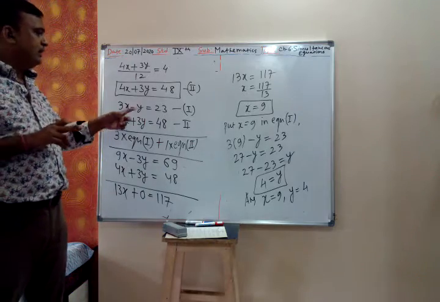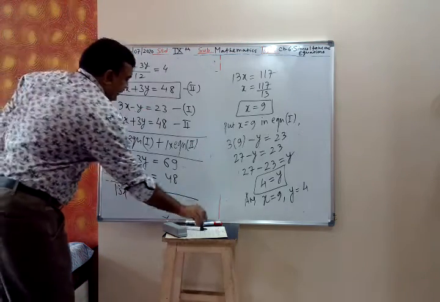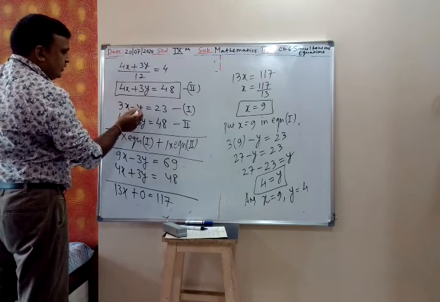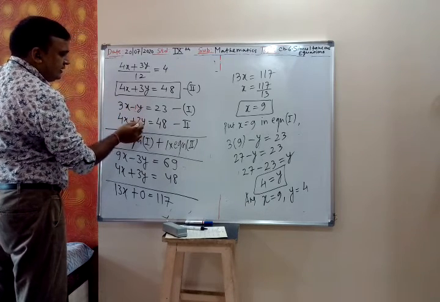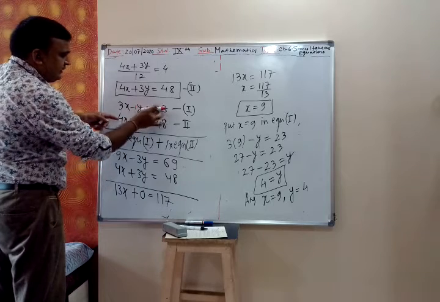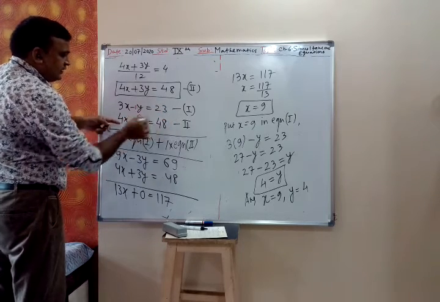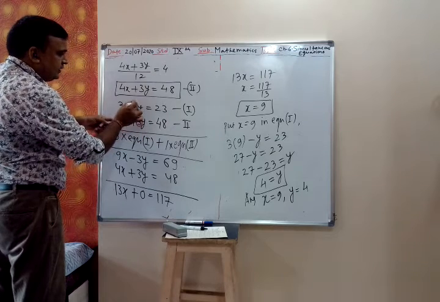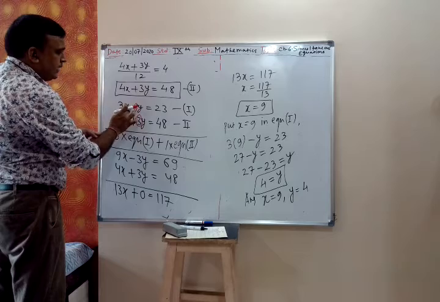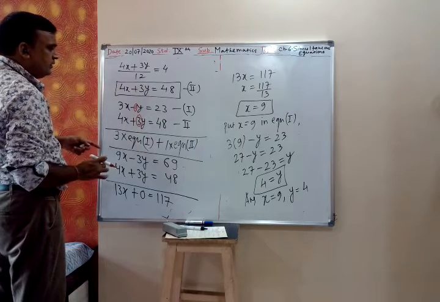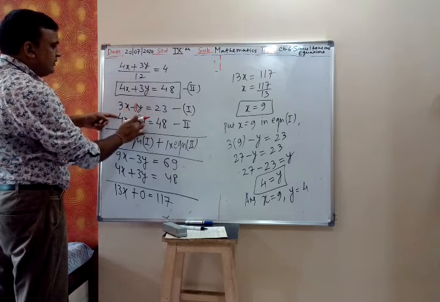No, we are not multiplying equation 1 and 2. We are making the coefficient of y equal in this. What is the coefficient of y here? 1. What is the coefficient of y here? 3. So I will multiply equation 1 by this coefficient 3, and equation 2 by this coefficient 1. And since they have opposite sign, minus plus, I will add. So equation 1 I will multiply by 3.